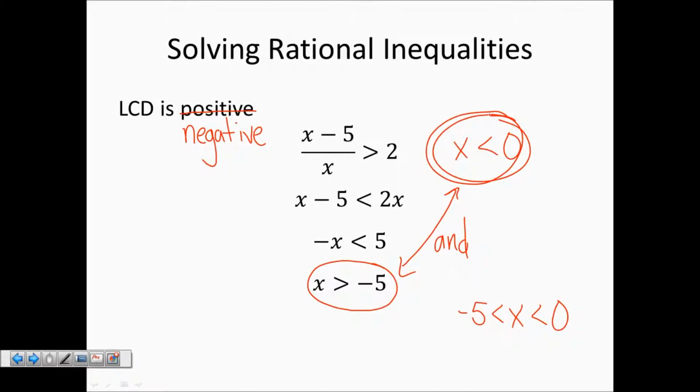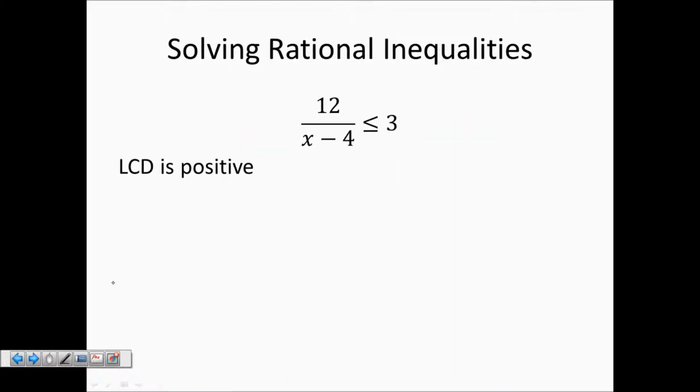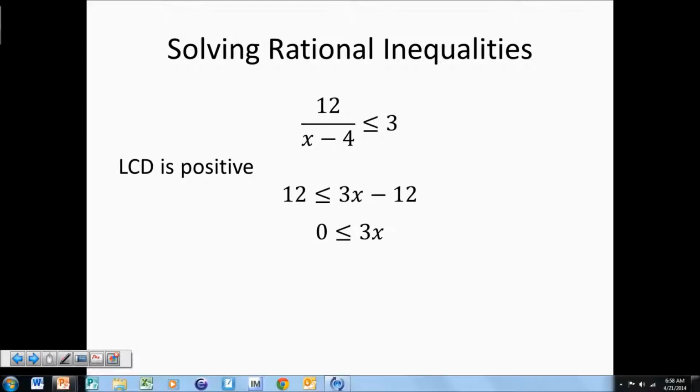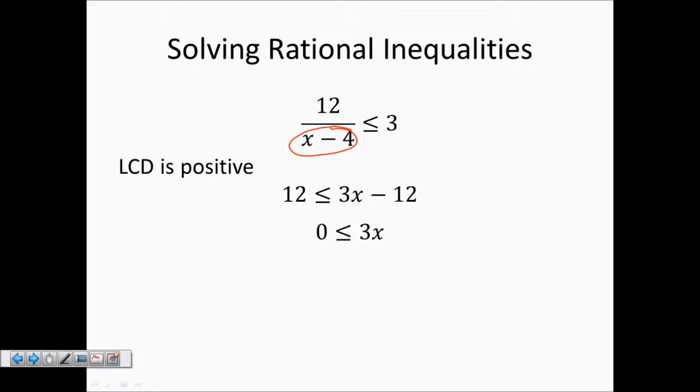All right, let's try this again with another example. Here, my least common denominator is just this x minus 4 right here. So I'm going to multiply that over and I'm going to say x minus 4 is greater than 0.